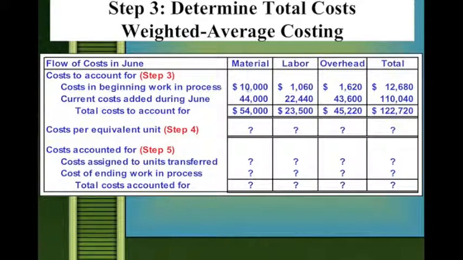Now, costs in the beginning work in process were given to us. This was in the WIP: 10,000, 1,060, 1,620. We see the total of 12,680. And costs added during the period they also gave us. So this all adds up to total costs that were added throughout the period.